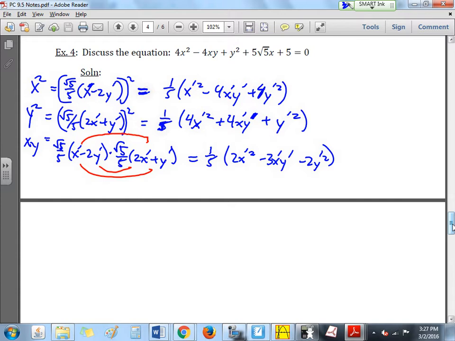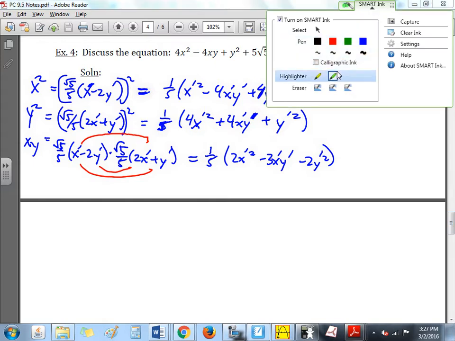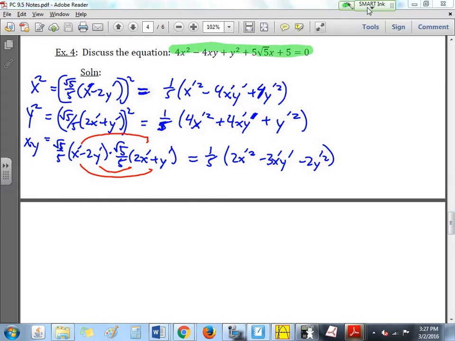Okay, now it's time to rebuild our conic equation using the ingredients here. All right, so I'm going to write that, this time replacing everything. So it's going to go like this. 4, instead of x squared, I'm going to write 1/5 x prime squared minus 4x prime y prime plus 4y prime squared. So this is the 4x squared right here, this first term I just wrote.